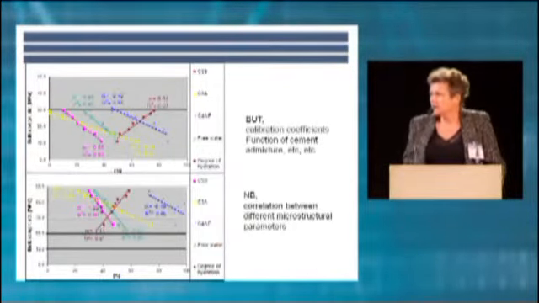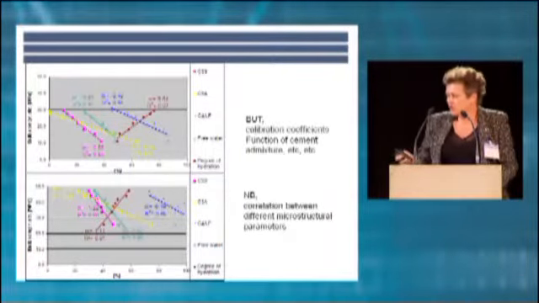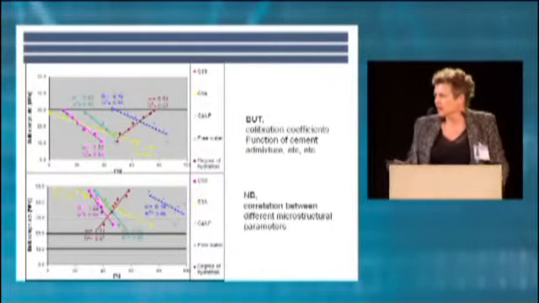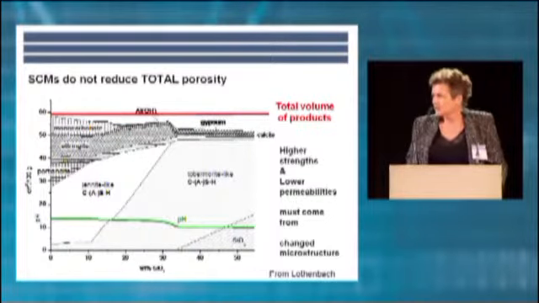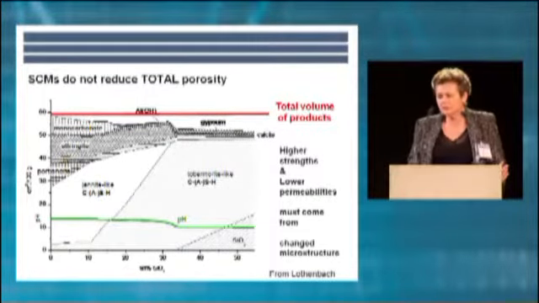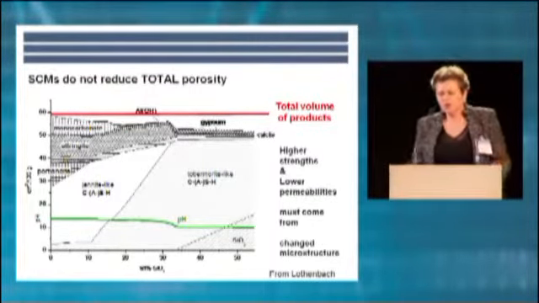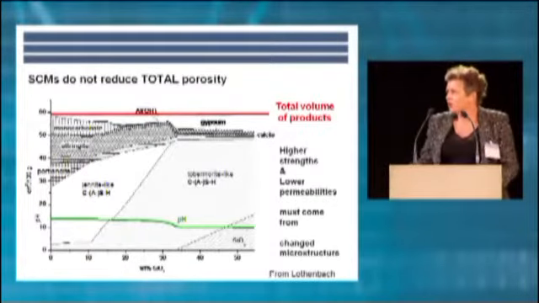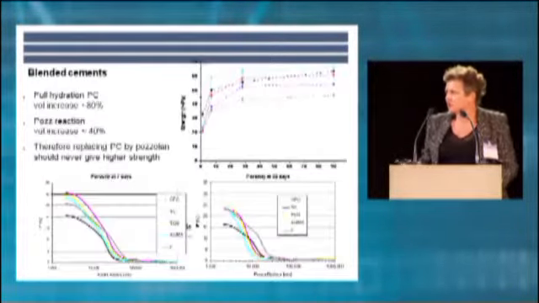But if we look at other results, okay, we can see nice correlations, but the correlations change with the material. We can see apparently bizarre things, such as the fact that if we introduce silica fume, the total porosity increases, which is in total contradiction of the fact that we know these materials can have much higher strength.